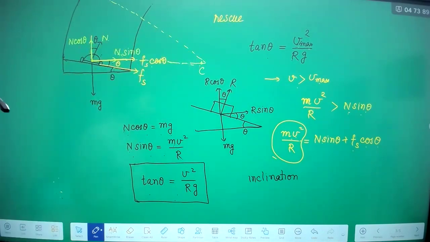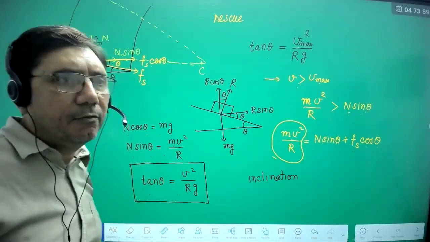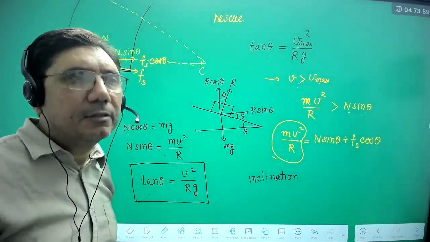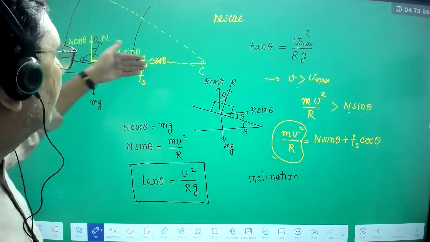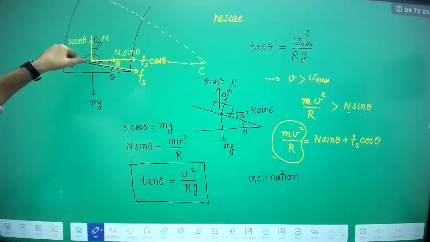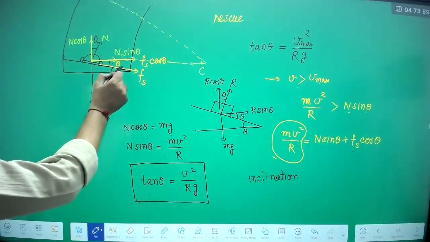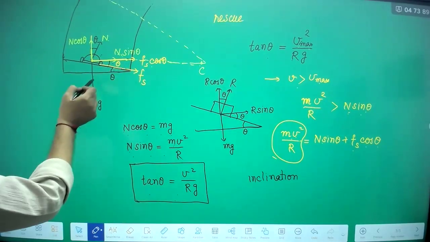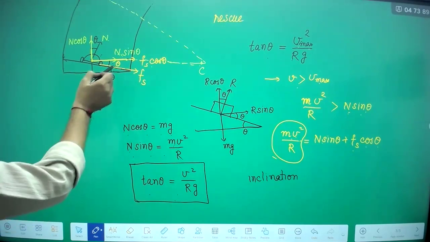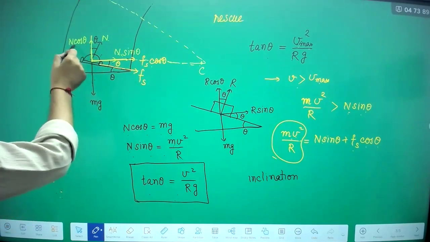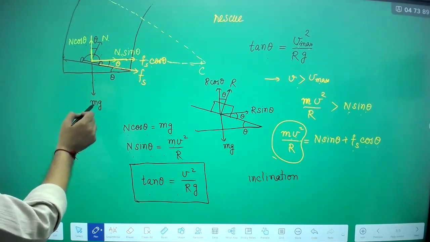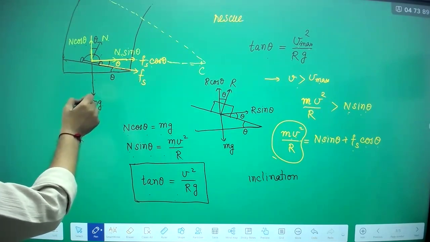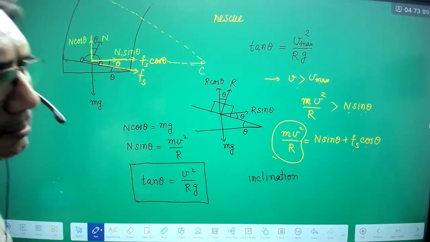No one is going to balance the centripetal force for circular motion. Try to understand. Fs sin θ, in that case, is going to be here, and this N cos θ is going to balance mg plus Fs sin θ. So that will also come into the picture.